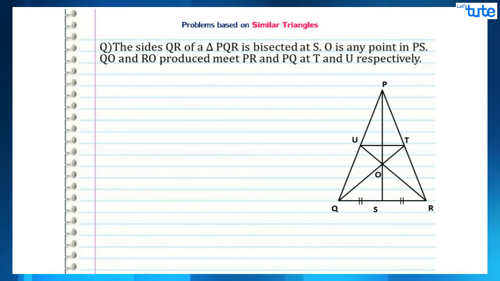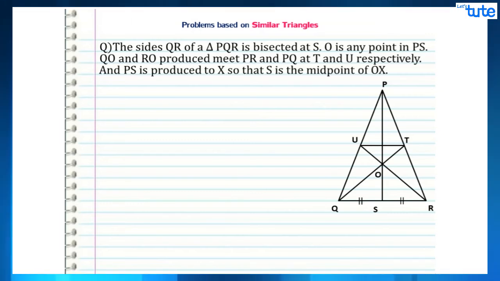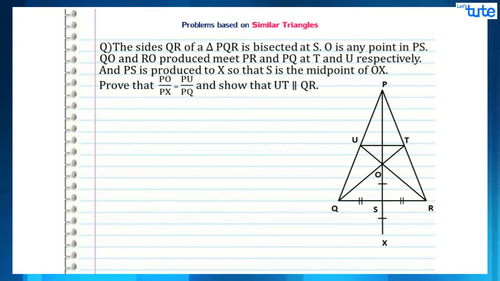And PS is produced to X so that S is the midpoint of OX. Prove that PO upon PX equals to PU upon PQ and show that UT is parallel to QR.